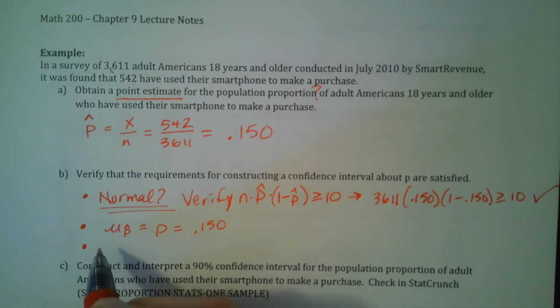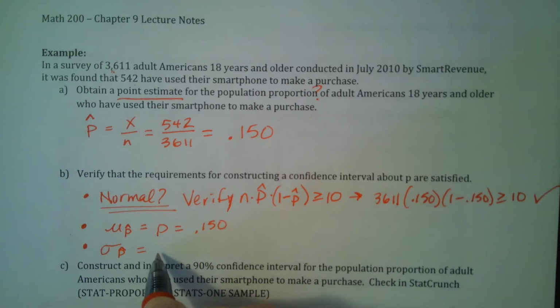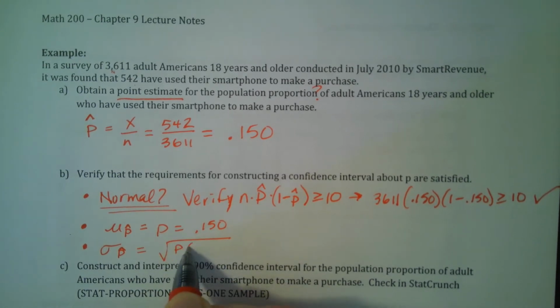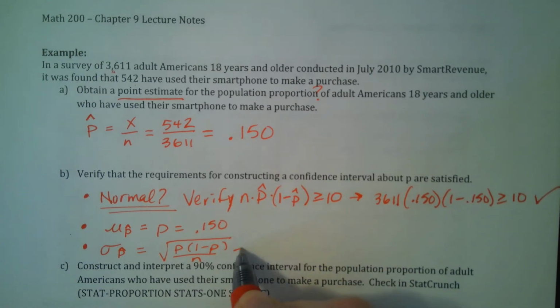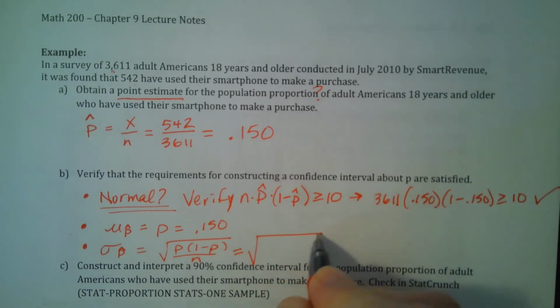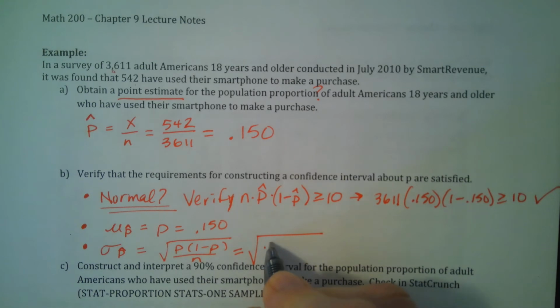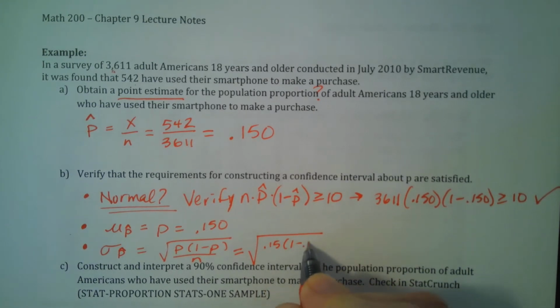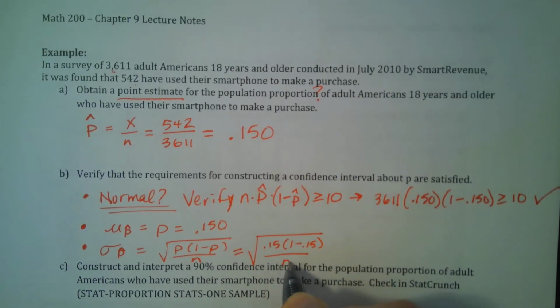Our standard deviation is going to be the square root of p times 1 minus p over n. Well, we don't have p, so we'll use p hat for this example. So we're going to use 0.15 times 1 minus 0.15 over n.